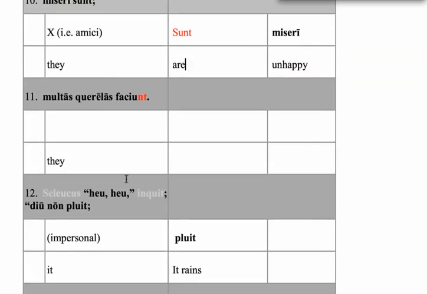So last one here that I'll do. So they, again, the subject is same as before. So there's no express subject. I just put an X there. Friends, faciunt. They make. And what they make, the second form of the accusative plural is this as.